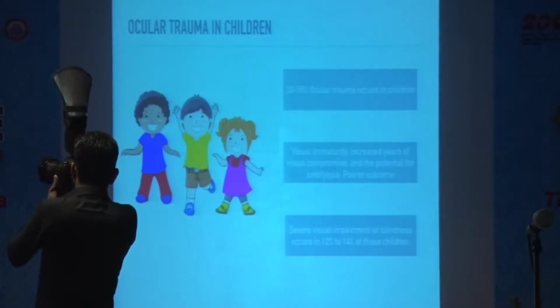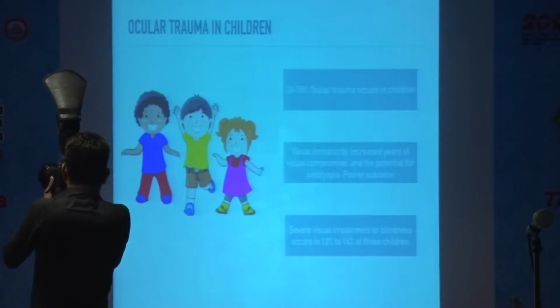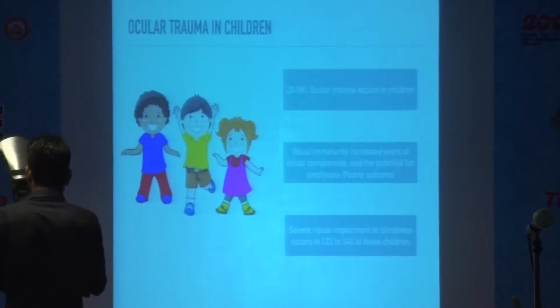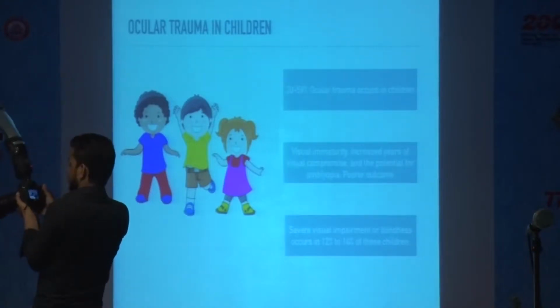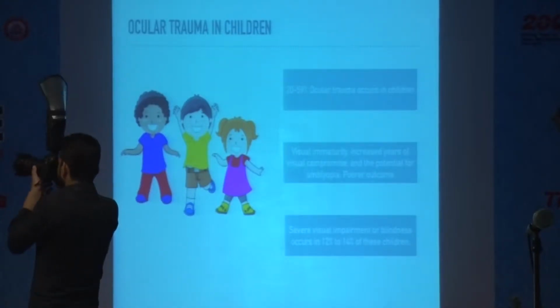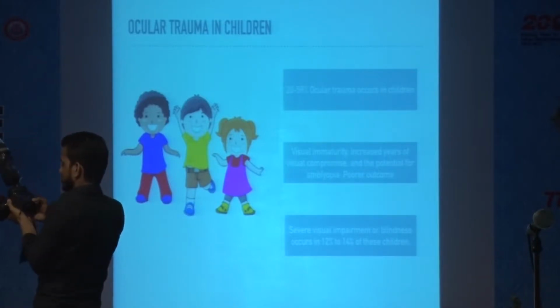Ocular trauma in children is common, with reports varying from 20 to 59% of trauma occurring in children. It's a different group with a poor outcome, probably because of visual immaturity. There are increased years of visual compromise and a potential for amblyopia.